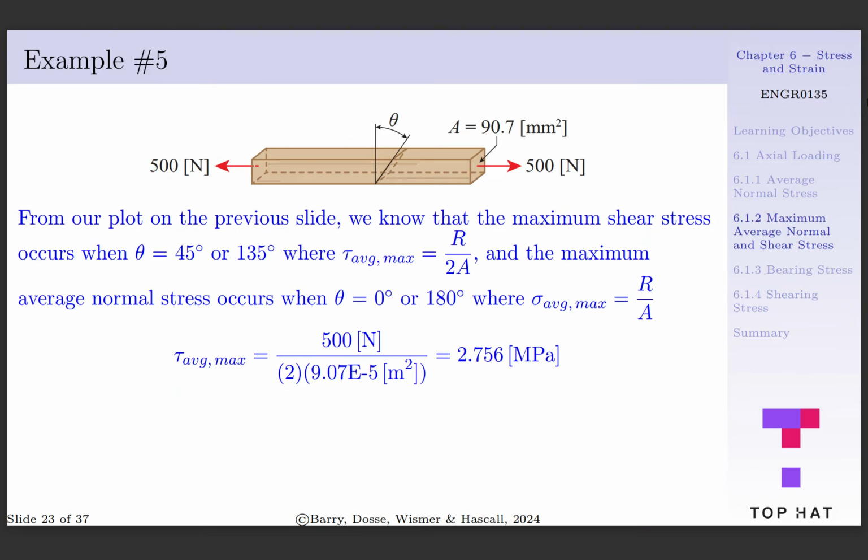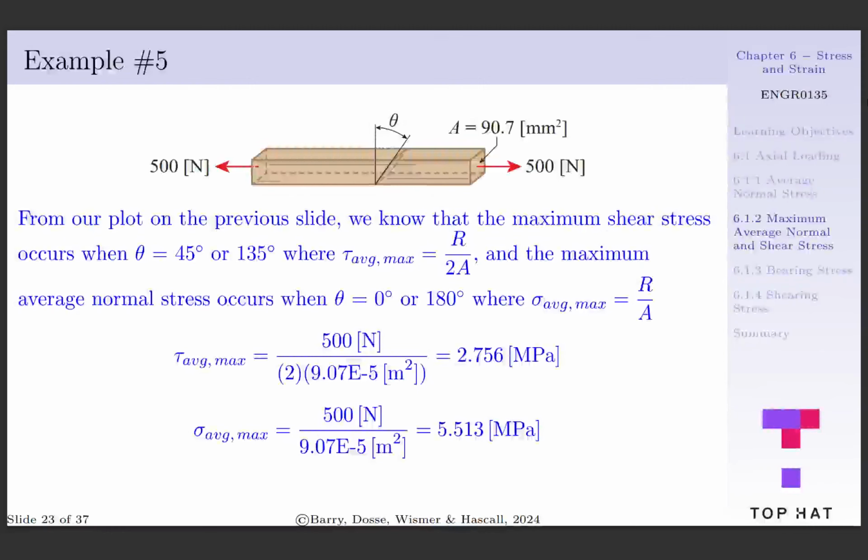Now that we know the max shear stress occurs when theta equals 45 or 135 degrees, we can use the equation tau max equals R per 2A. Our equation becomes 500 newtons per 2 times 9.07 e to the minus 5 meters squared, which gives the max shear stress of 2.76 megapascals.